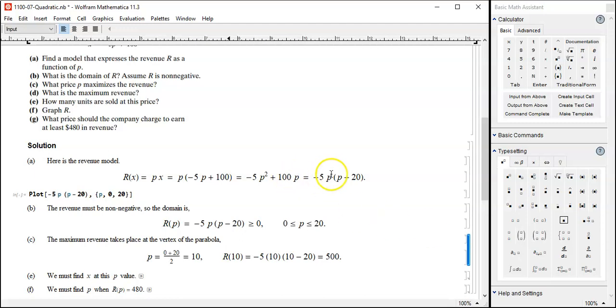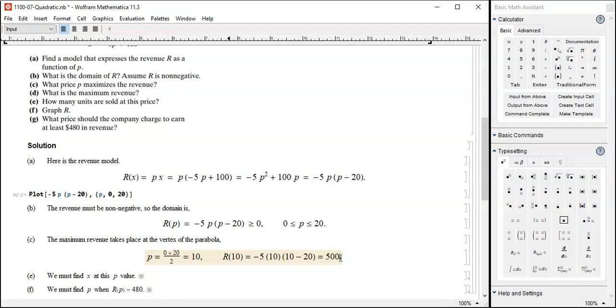So, p equal to 0, p equal to 20, and then the vertex will take right in the middle here when the price is $10. So revenue at p equals 10, that's going to be the maximum revenue. And the maximum revenue will be realized at p equals 10.